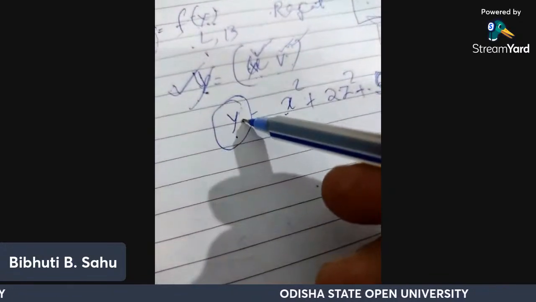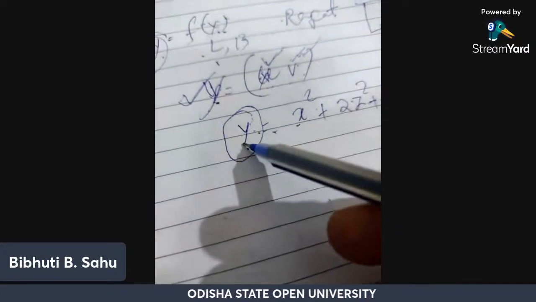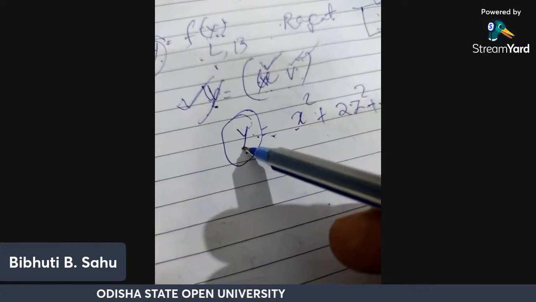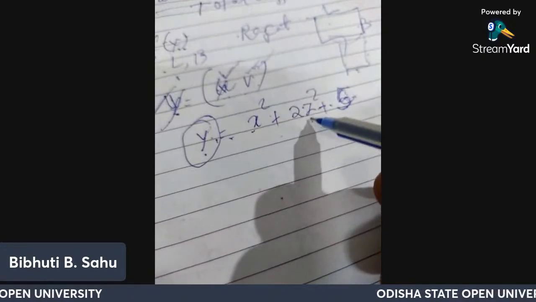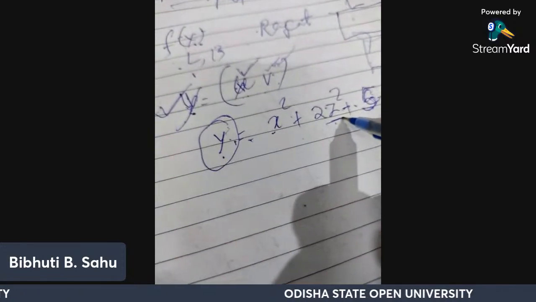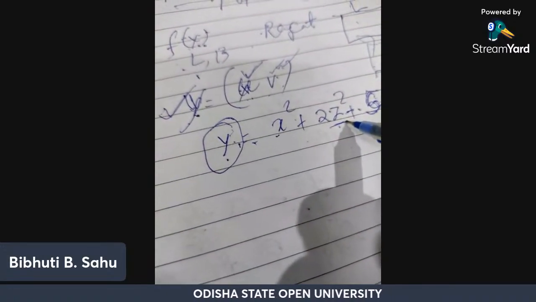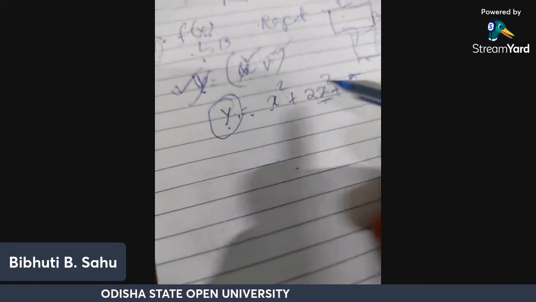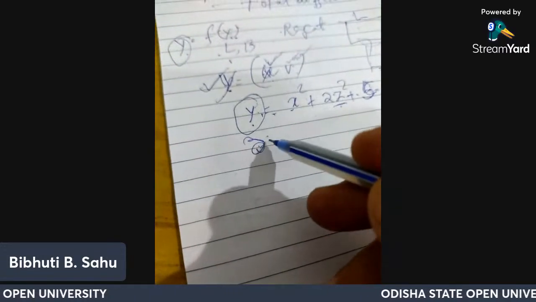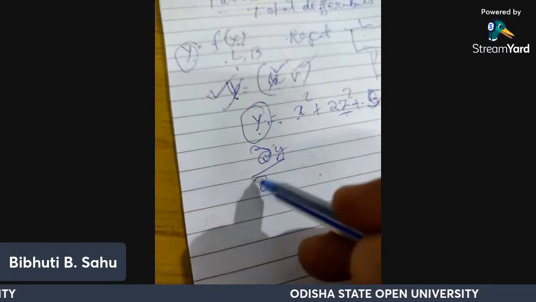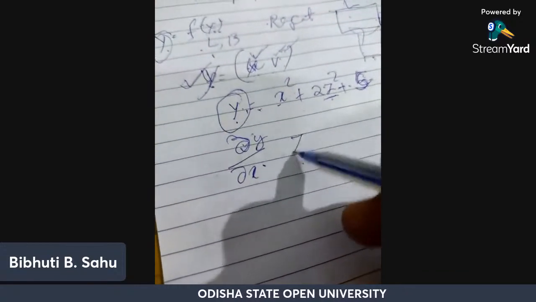If we want to study the impact of x on y, then we have to consider that z remains constant. That means we use the symbol del y by del x, where z is constant.